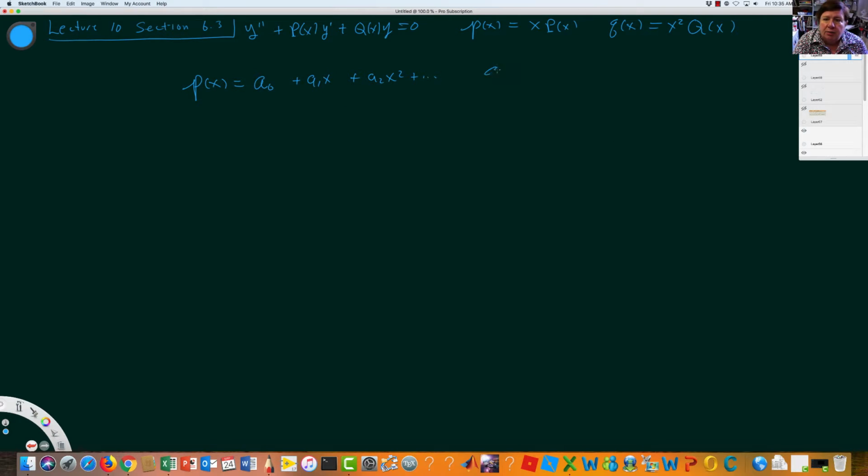Okay, but Q of x we'll just write similarly, as b0 plus b1x plus b2x squared plus dot dot dot, right? So when you put it in this form, then you can actually solve for this indicial equation, and you get r times r minus 1, plus a0 r plus b0 equals 0.